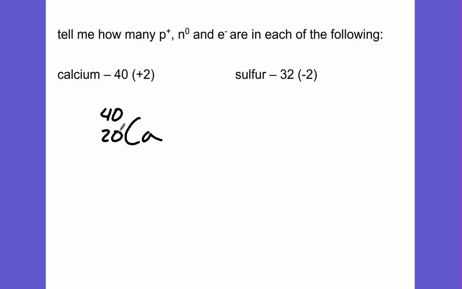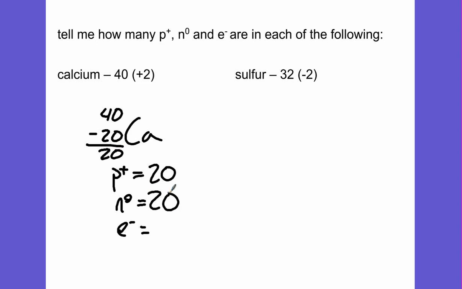But once you have this, you should be able to tell me how many protons, how many neutrons, and how many electrons are in this atom. So far we've done the protons and neutrons, so you should remember how to do that. Since calcium's number 20, it has 20 protons. Since 40 minus 20 is another 20, I have 20 neutrons.